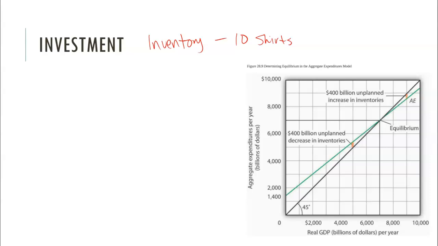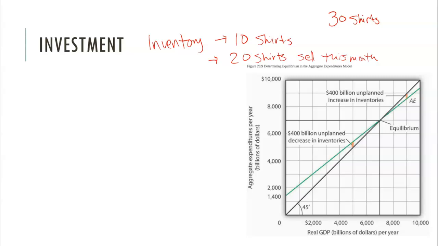So you plan to have 10 shirts in inventory. And you also plan to have 20 shirts that you think you're going to sell this month. And so you're going to produce a total of 30 shirts. And this includes the 20 you think you're going to sell, plus your planned inventory.